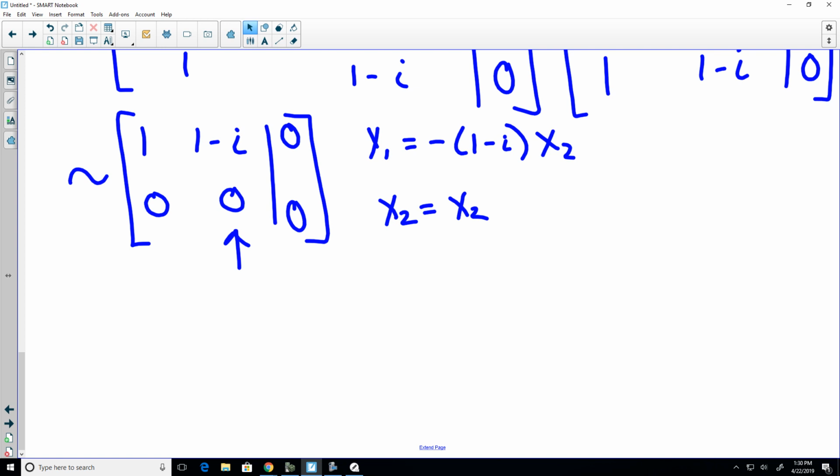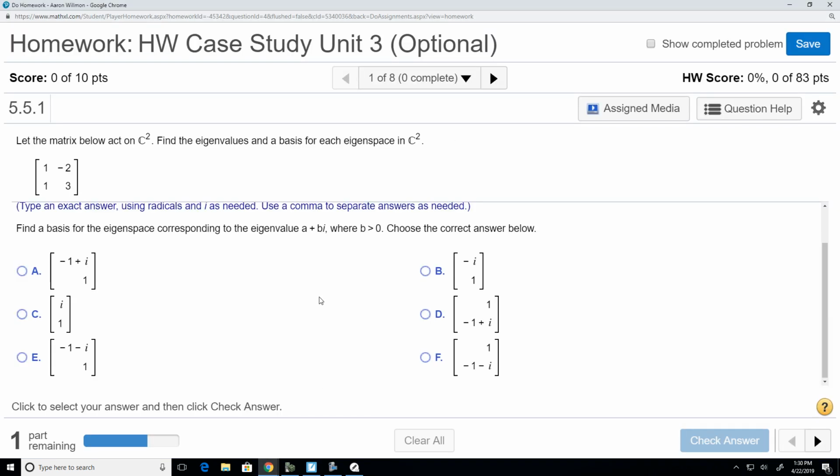So let's look at the answer choices, because we can choose anything for x2. But we need to choose the one that the book chose for its answer. Does that make sense? Because unfortunately this one is multiple choice, which kind of stinks. So we have a bunch of choices here.